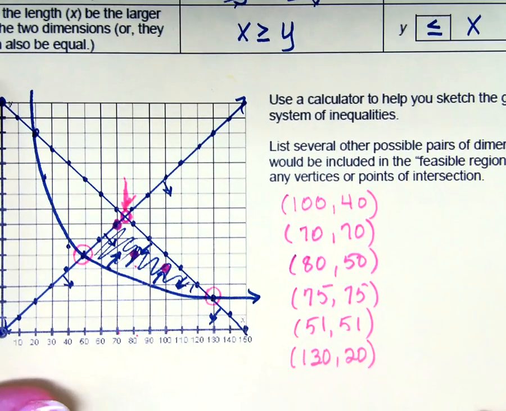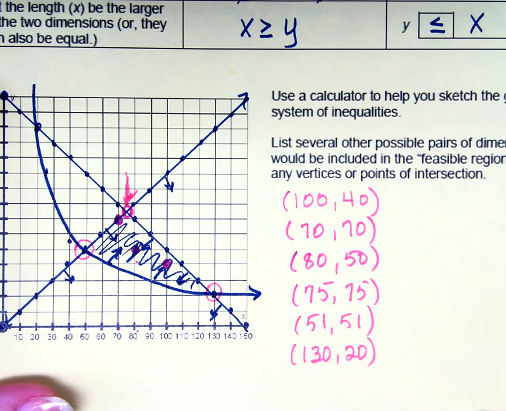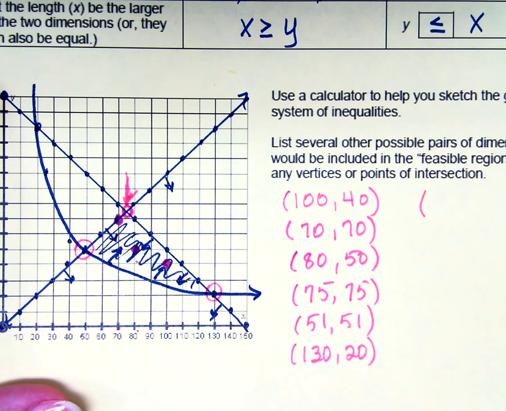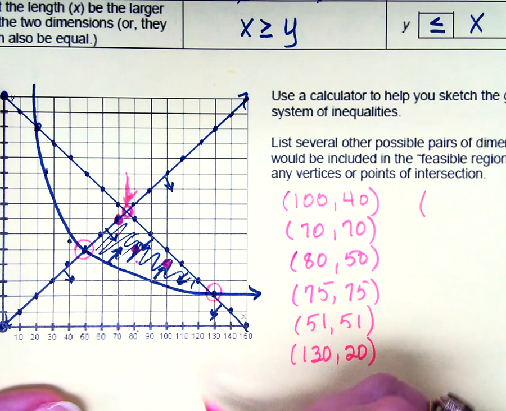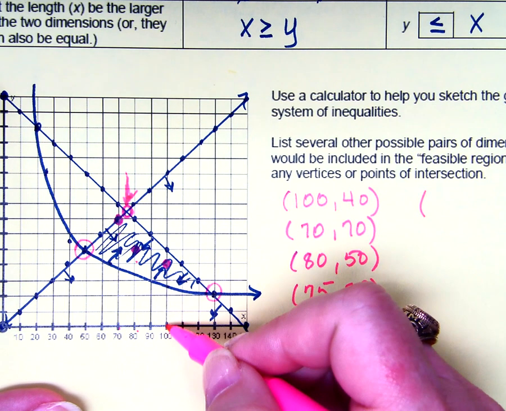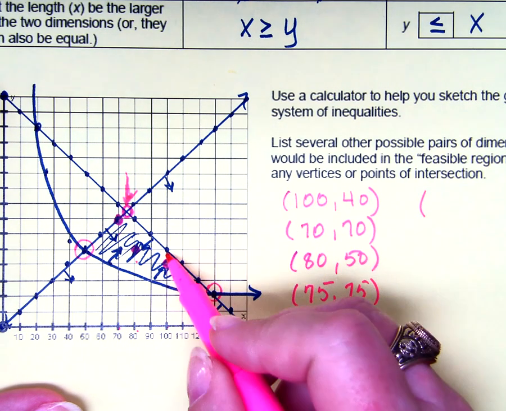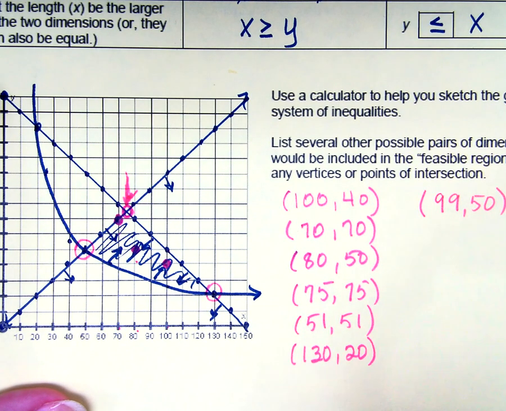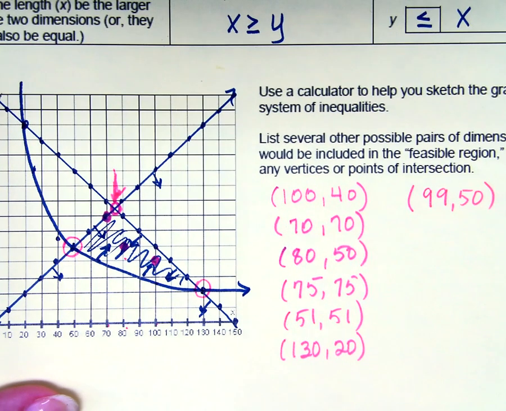Tell me two more that are not boring. Not boring. Tell me two more that are not boring. 150. Well, I guess that's kind of. How about this? That's not boring, right?